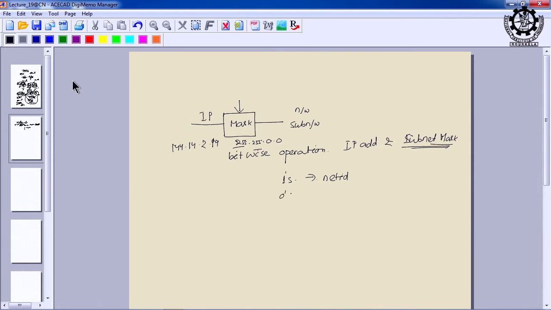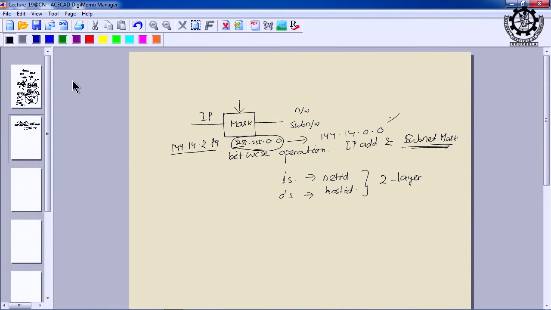If it is all zeros, it says this is the host ID. That means it is a two-layer hierarchical configuration, right. So, when this operation is applied over this number, you will see that the outcome will be 144.14.0.0. This indicates your network address. This gives your network address.